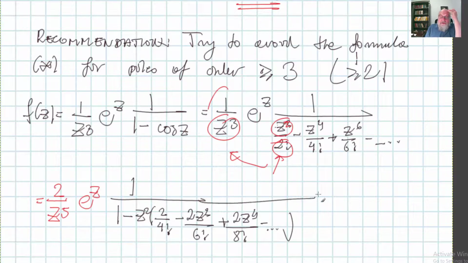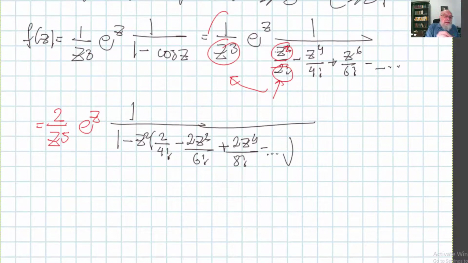minus, and many more. So I look at this expression and I say, I really like this geometric series. I want to look at this particular expression as a geometric series. That means this one is going to be my q. Remember, z is close to 0, so it can be as small as you want. So you can make this series very, very small.